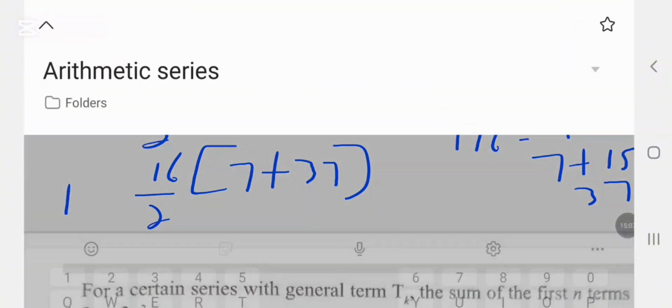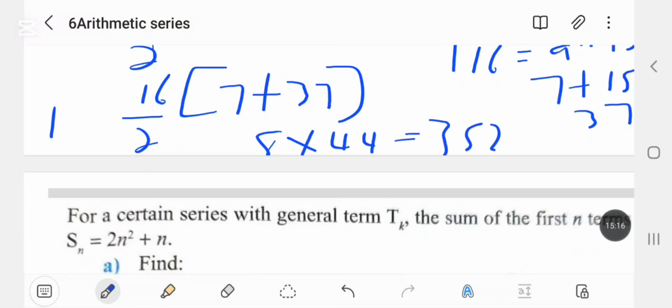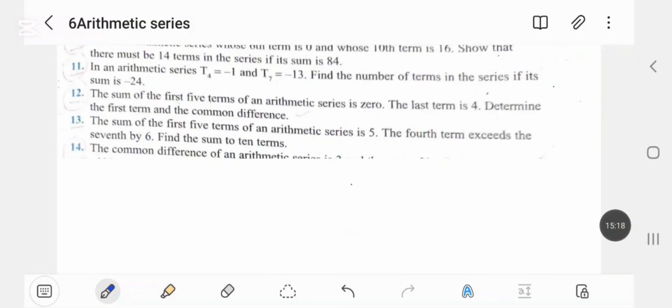You should be able to get your answer from that. So we have 8 times 44, which is equal to 352. The final answer. I've got number 11, then we'll do number 12 and 13, then we'll be fine.